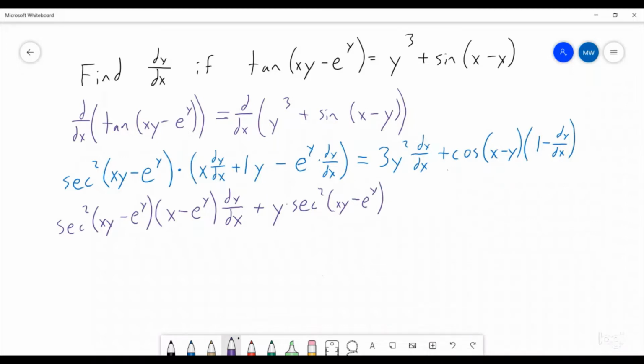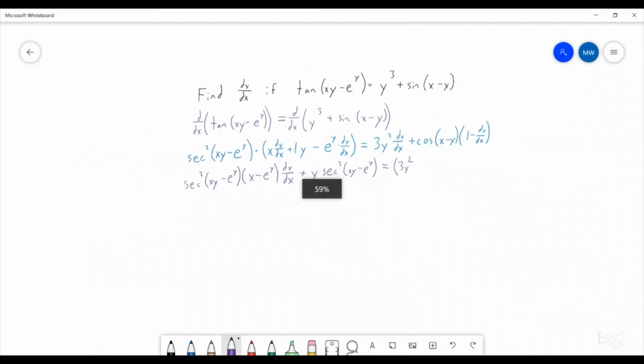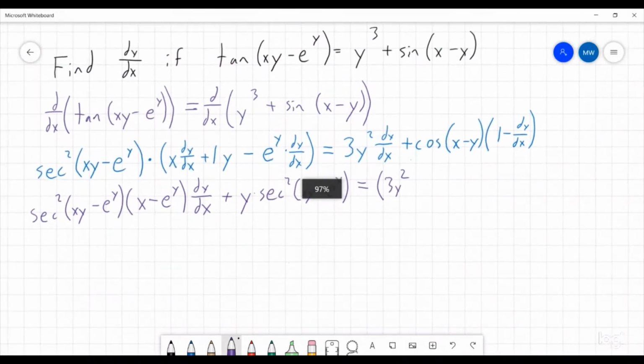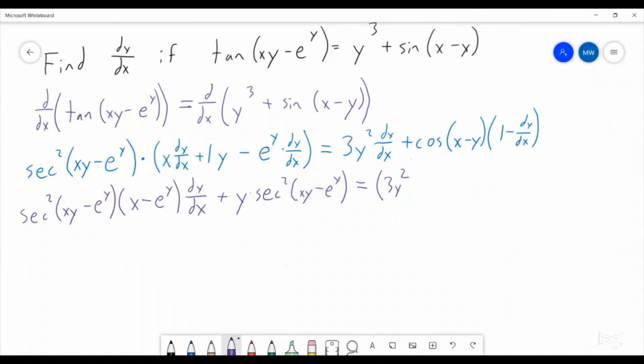So that's that entire side. And then this side, the dy/dx terms are, we have a 3y squared minus 1, and all of that is times dy/dx. And then we have a cosine of x minus y term without a dy/dx.